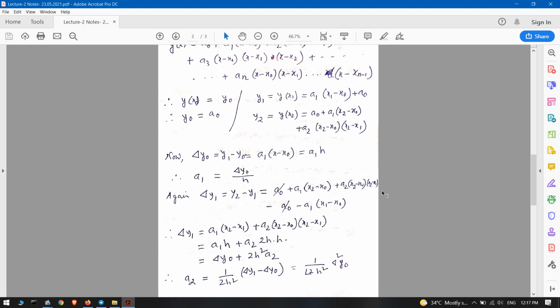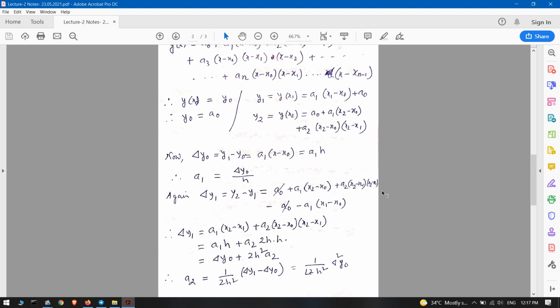So we got a1h plus a2 into 2h into h. Now a1h we have already calculated, a1 into h equal to del of y naught, plus 2h square a2. So from that we can easily find out a2 must be equal to del y1 minus del y naught divided by 2h square.